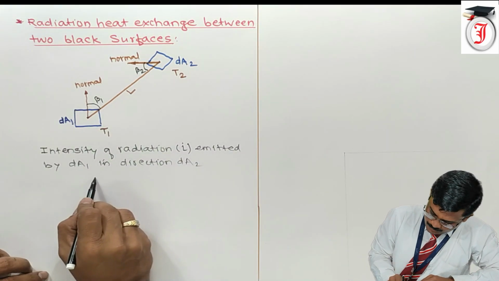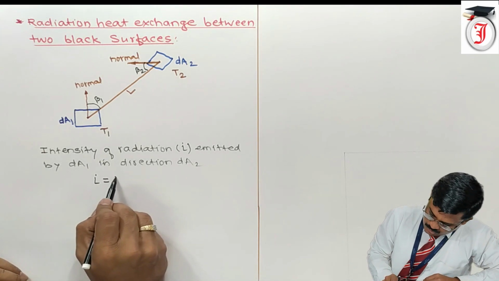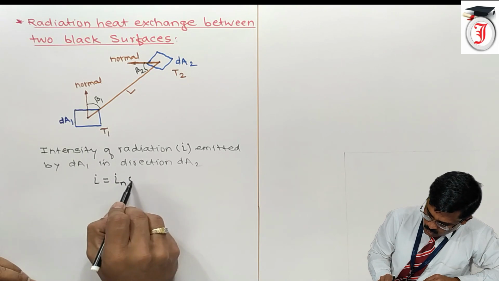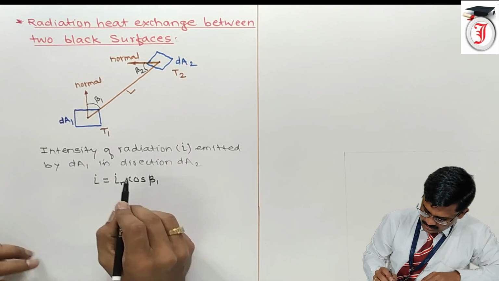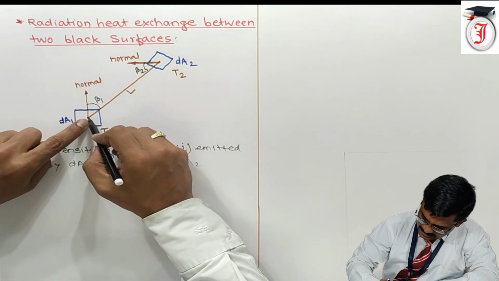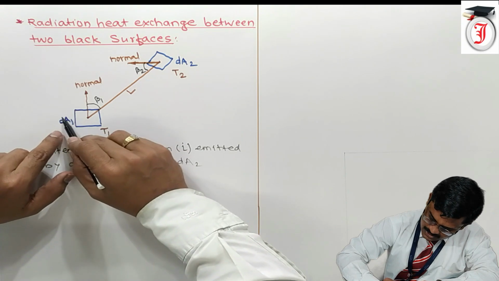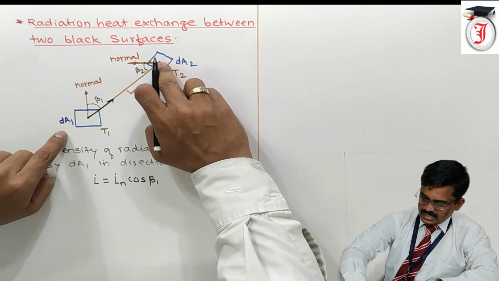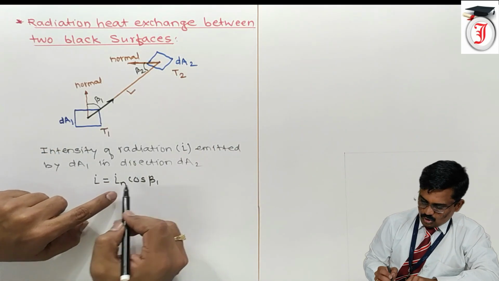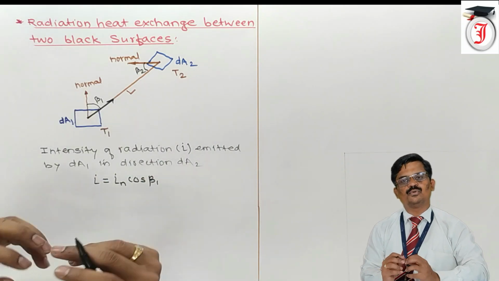We know Lambert's cosine rule, I is equal to In cos beta 1. So the intensity of radiation emitted by the surface dA1 in the direction of dA2 is nothing but In cos beta 1, the normal intensity times the cosine of angle beta 1.